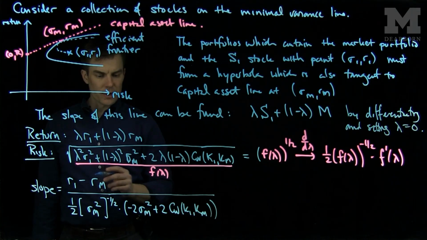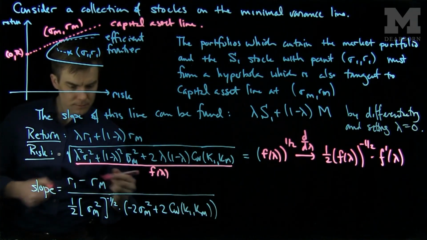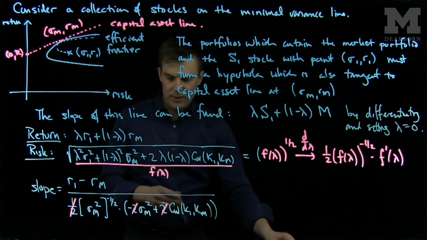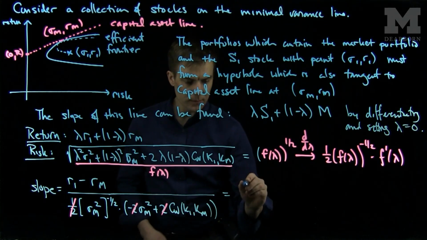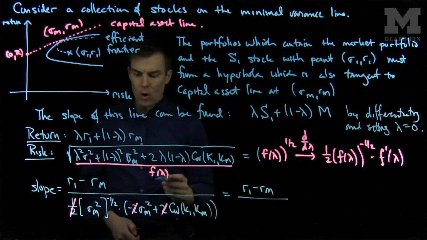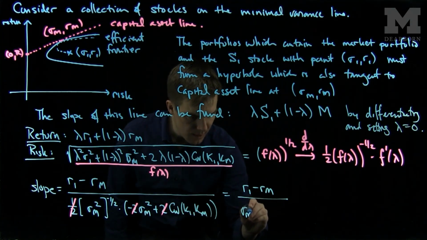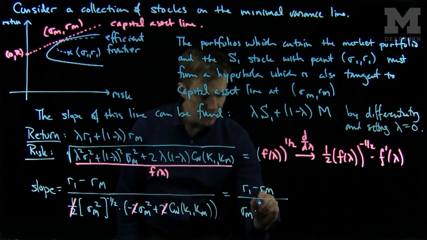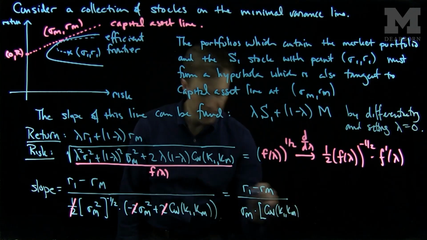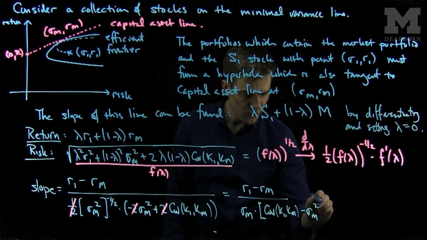So this expression over here is exactly the slope of the line. We can now observe that this 1/2 will cancel with a 2 and will cancel with that 2. And so what we have over here is R1 minus Rm over sigma m times the covariance of k1 and km minus sigma m squared.